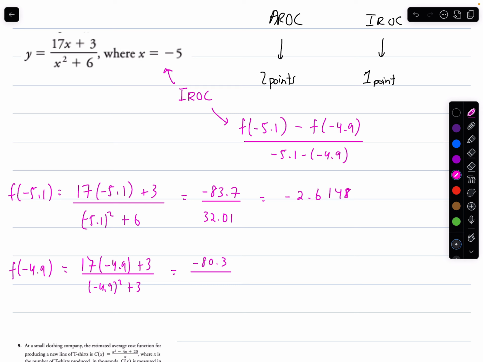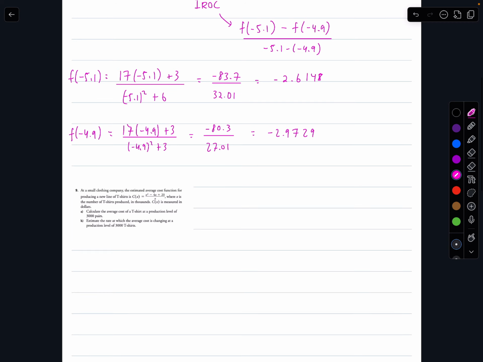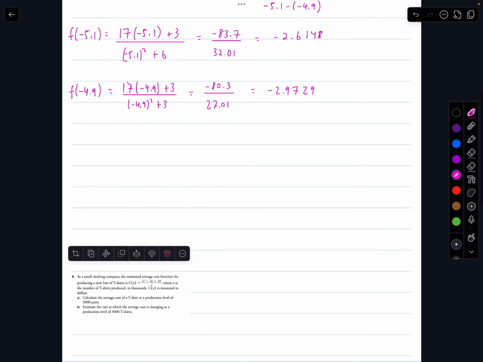And then the bottom, you'll get negative 4.9 squared plus 6, so you get 30.01. So here you get negative 2.9729 as the answer.